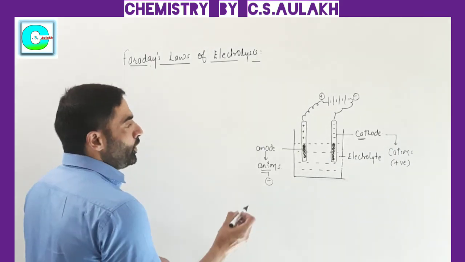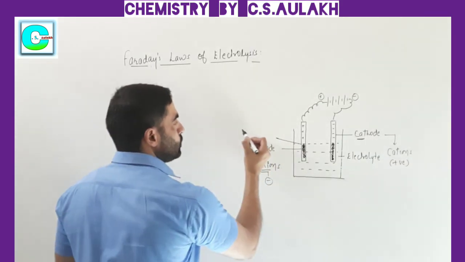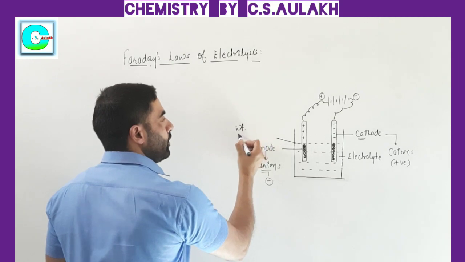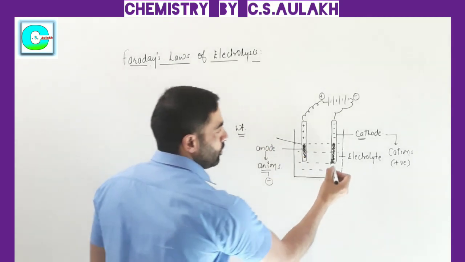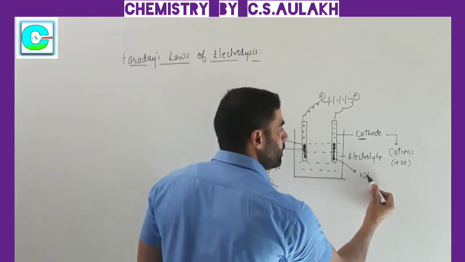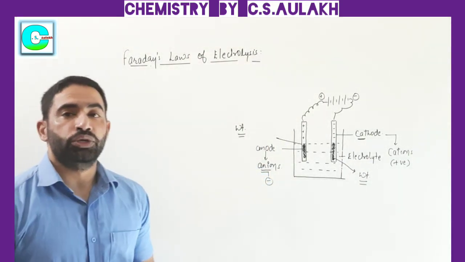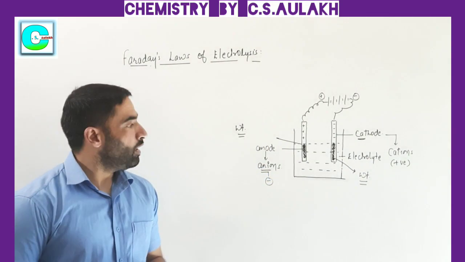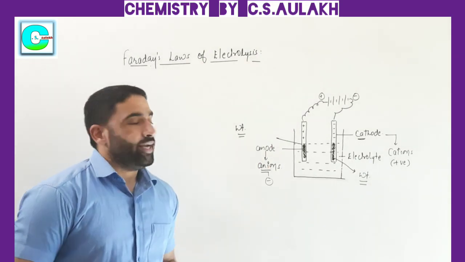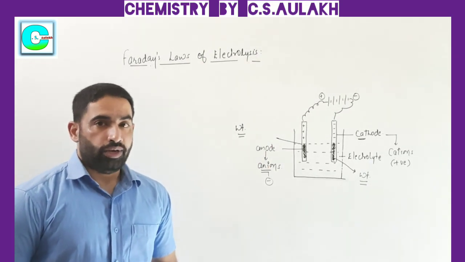If you want to know the weights of these substances which are deposited over these electrodes, or which are produced over these electrodes, this is called the quantitative aspect of electrolysis.